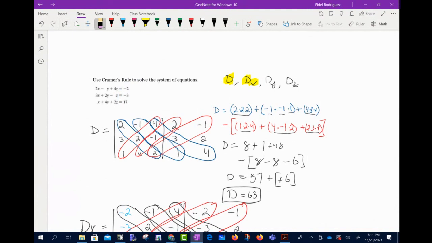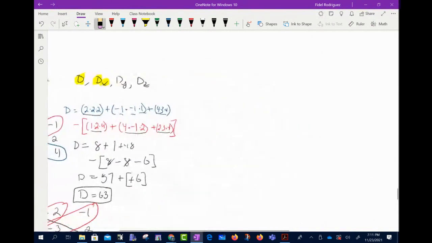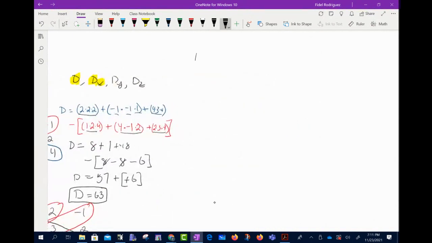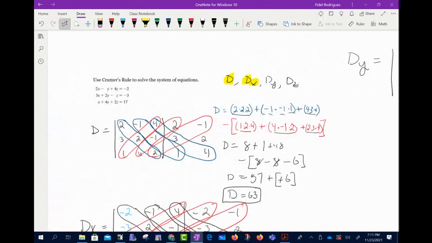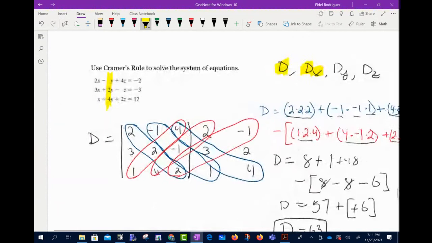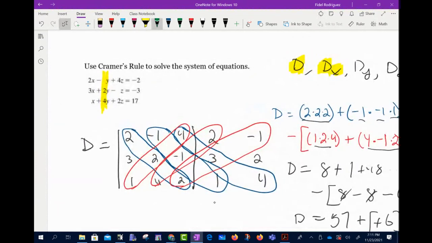Okay, so let's do the dy, and I'm going to show you how I'm going to do the dy right here. So we're going to say dy, and it's going to look like this. Remember what I'm going to do? I'm going to come back over here, and I'm not going to use those numbers in the middle. I'm going to replace those numbers with these right here.